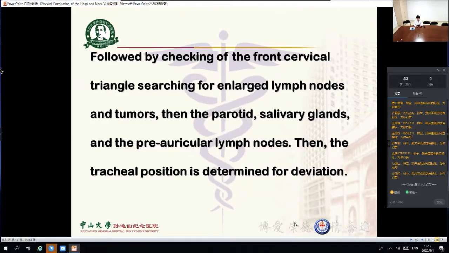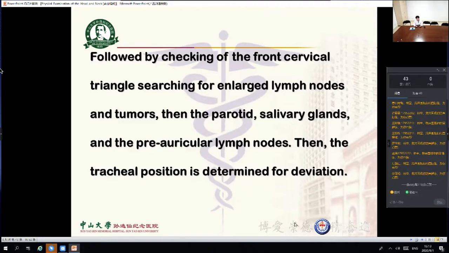Ask the patient to chin down, and then check the posterior lateral part of the neck, and then the front cervical triangle, 前三角、后三角, and the jugular lymph nodes, searching for enlarged lymph nodes in the jugular area, just as I told you yesterday. Then also check for any tumors in the neck region and enlarged lymph nodes. Then the parotid and salivary glands, and the lymph nodes of the preauricular and postauricular areas.